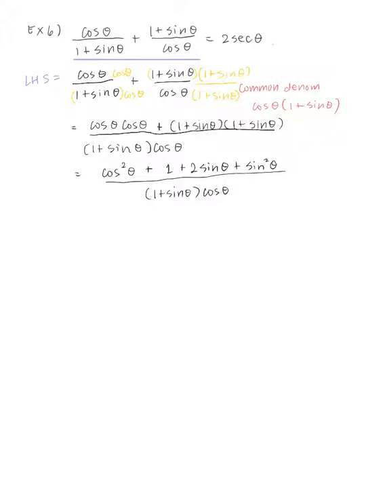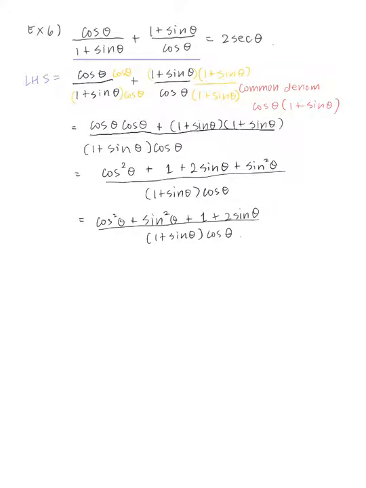Okay, so what do you see? I see sine squared plus cosine squared. So remember, addition is commutative and associative. So you can rewrite this as cosine squared of theta plus sine squared of theta plus 1 plus 2 sine of theta, whole thing over 1 plus sine of theta, and then cosine of theta.